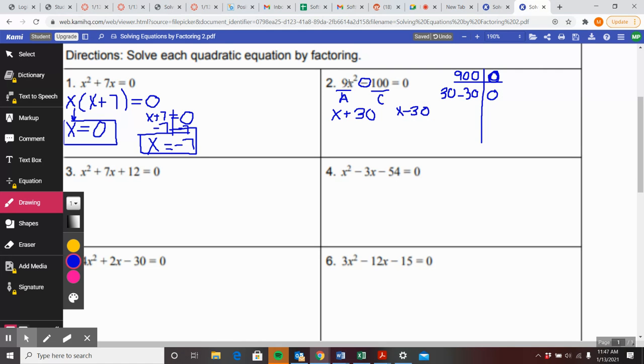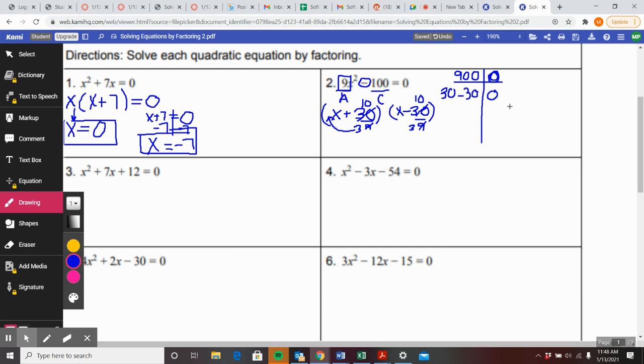We do have to do the kickback because a is greater than 1. So let's divide by 9. 30 divided by 9 is going to reduce to 10 over 3. This is the same, so it reduces to 10 over 3. The 3 does what? Kicks.